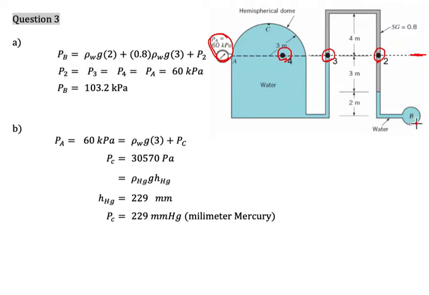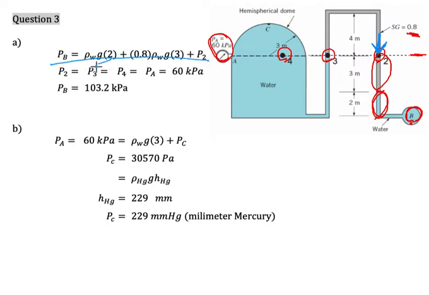Okay. The point B here will feel the pressure because it has 2 meters of water right here. Then it is also added by the pressure of this liquid of the height of 3 meters. Then we need to add the pressure of point number 2, which acts on this surface. So that means we could write an equation like this one.